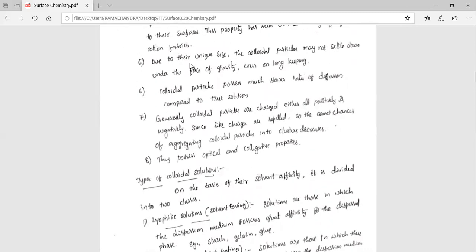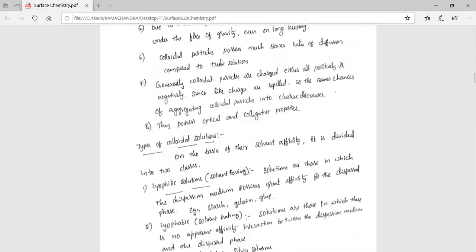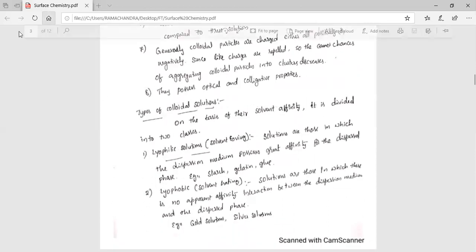Due to their small size, colloidal particles do not settle down under the force of gravity, even on long keeping. Colloidal particles possess much slower rates of diffusion compared to a true solution. Generally, colloidal particles are charged, either all positively or all negatively.